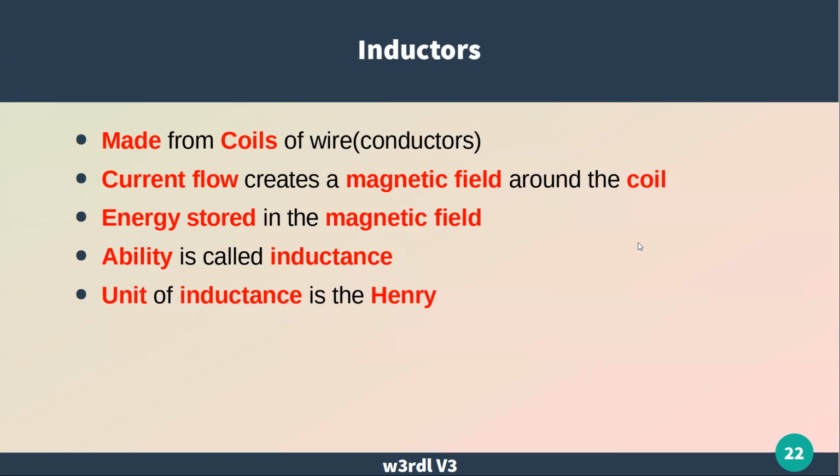The ability to store that energy in the magnetic field is called inductance, where we call it capacitance in a capacitor. We call it inductance in an inductor. And we measure it in henries, named after some guy, Henry. I can't remember his first name either.